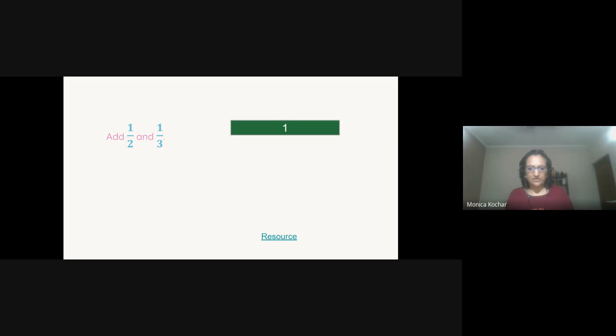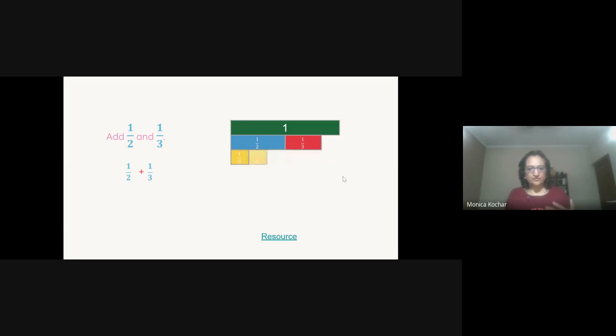So I have my 1 here. I have my 1 by 2 and 1 by 3. Now I need to know where is 1 by 2 and 1 by 3. Is it going beyond 1? Is it less than 1? So I'm going to look for tiles which are covering both. So 1 by 4 is not covering both. So I remove it. Then I look for another tile. Again, it's not covering this.